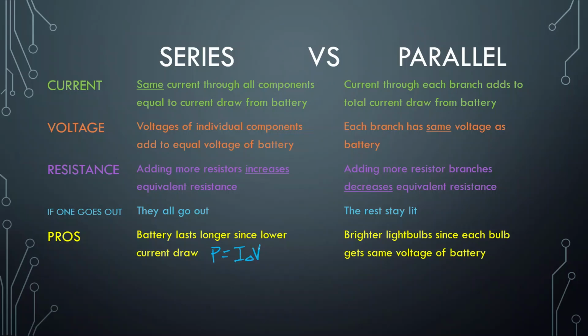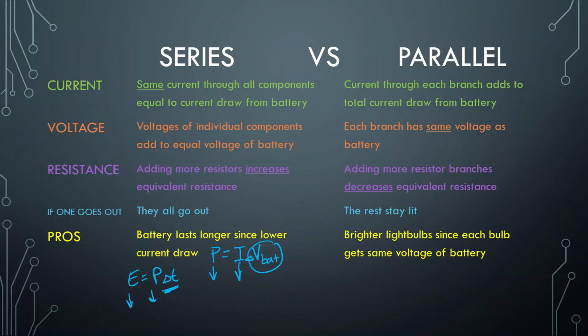Because our voltage is determined by the battery, which is assumed to be constant no matter how many components you add, if your current is lower, that means your overall power draw is lower. And remember that energy is power times time. So a longer period of time with a lower power is going to be a lower energy usage.